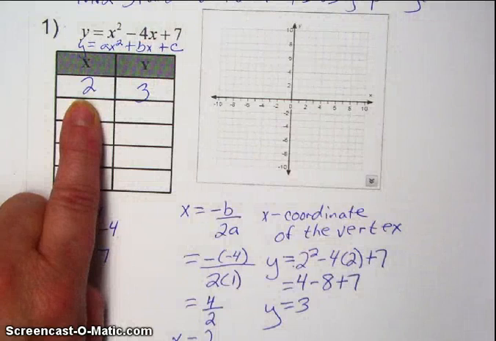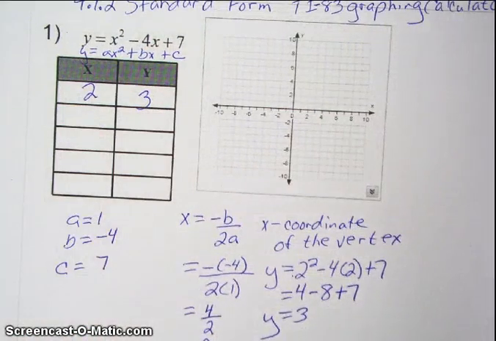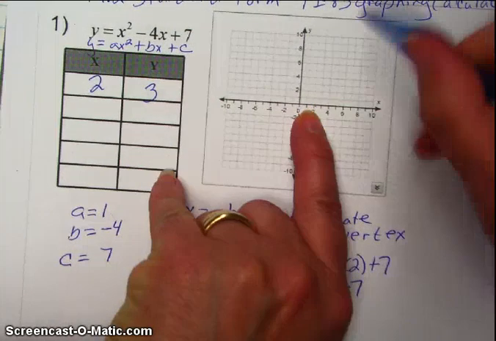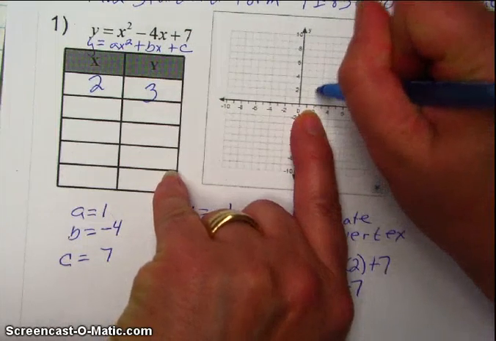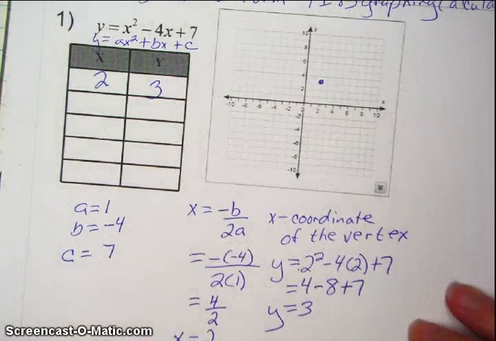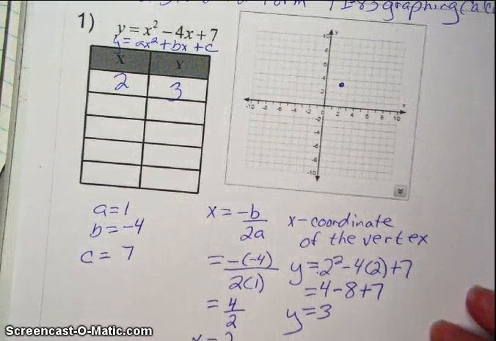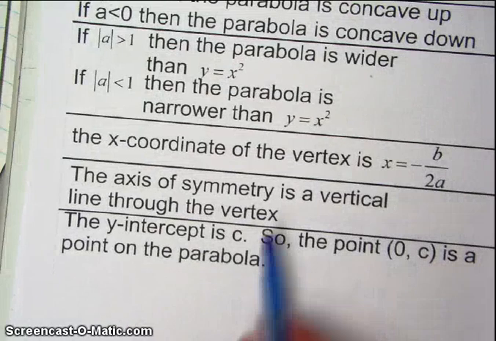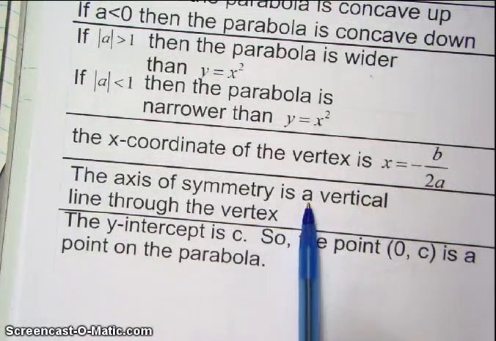So I have one point, and it's the most important point for the parabola. Let me plot that point. Use some graph paper for this, and you can take the graph into your notes. Now, the next thing: the axis of symmetry is a vertical line through the vertex.